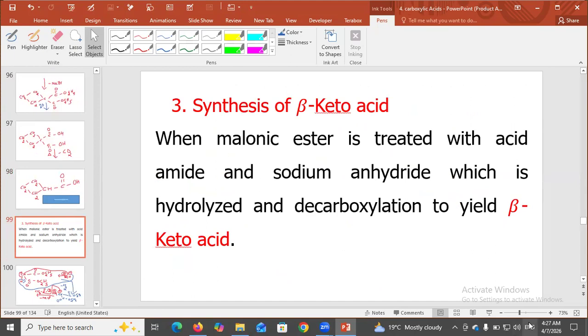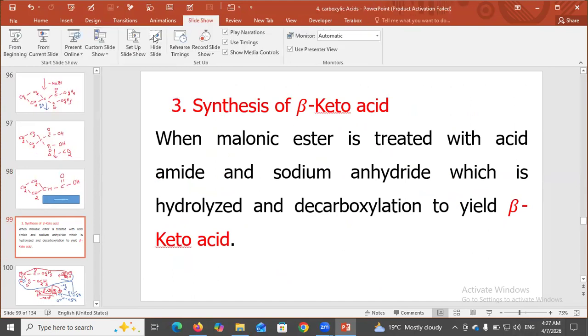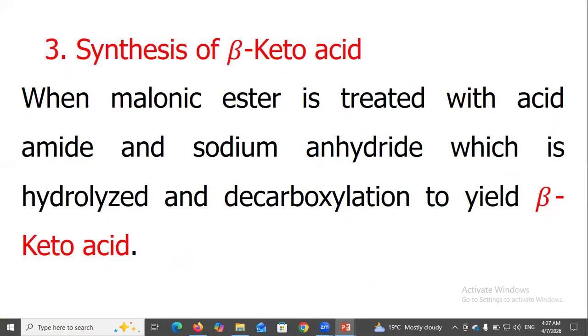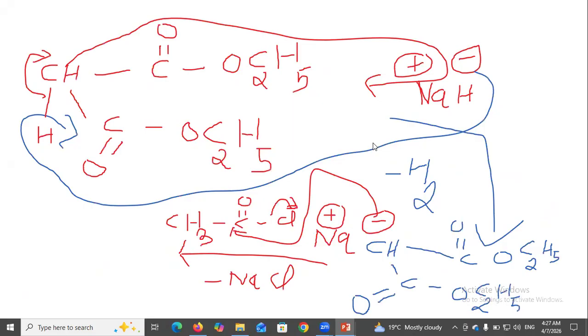Synthesis of beta-keto acid. When malonic ester is treated with acid amide and sodium hydride, which is hydrolyzed and decarboxylated to yield beta-keto acid. Malonic ester treated with sodium hydride.